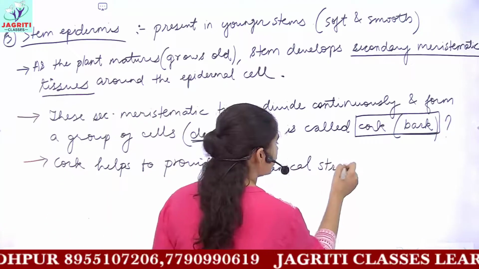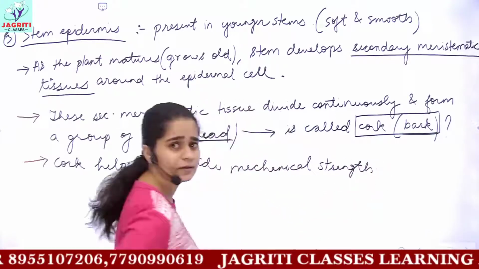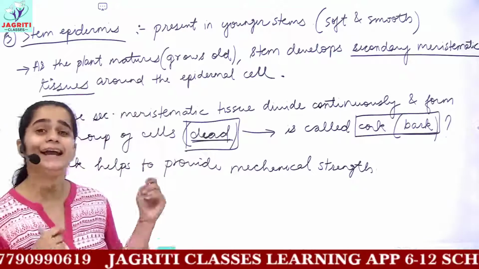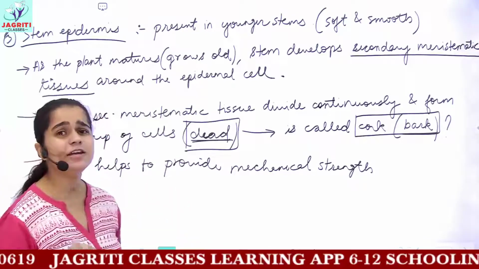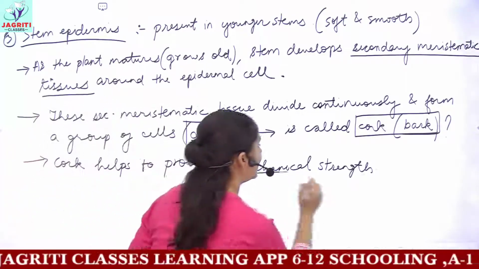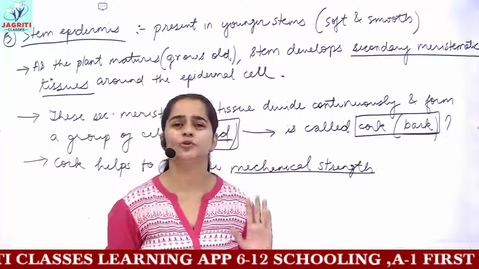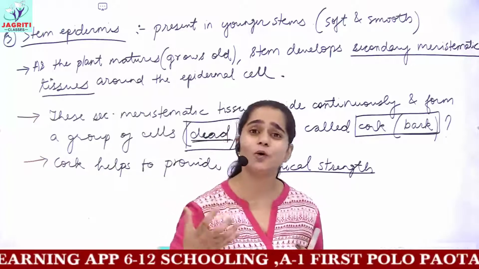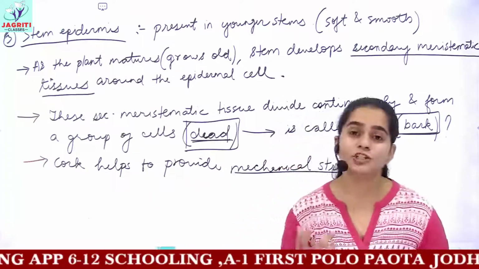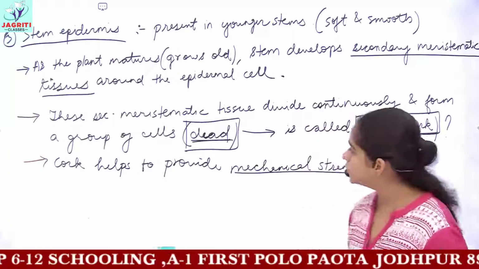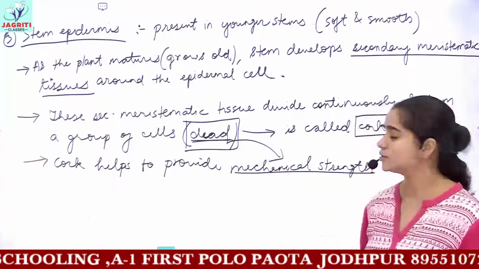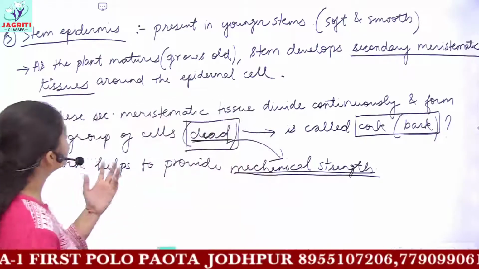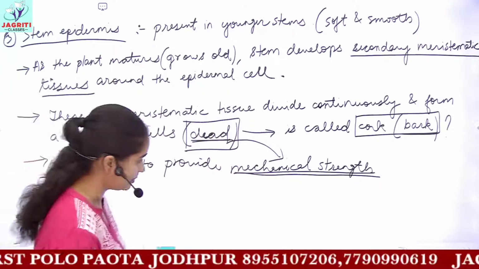Okay, these cork cells provide mechanical strength. You can also make a general conclusion that all the cells which are dead in nature will usually be used to provide mechanical strength or support to the plant, because they are not living, so they cannot help in carrying out any metabolic process, which is the characteristic of living cells. So in turn, most of the dead cells will help in providing support or mechanical strength to your plants. So this is an account of stem epidermis.